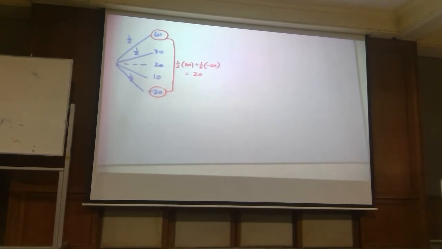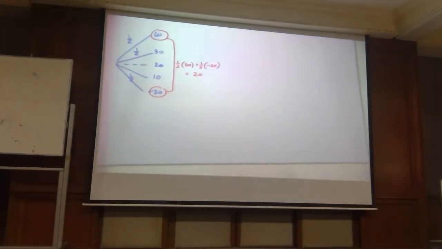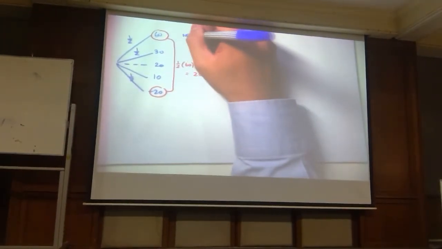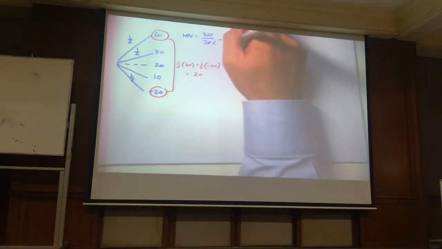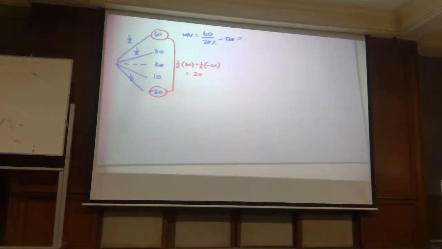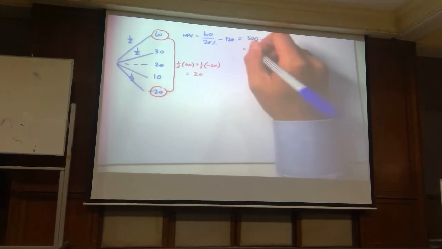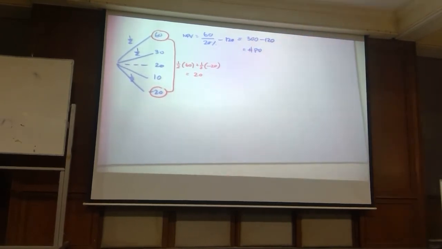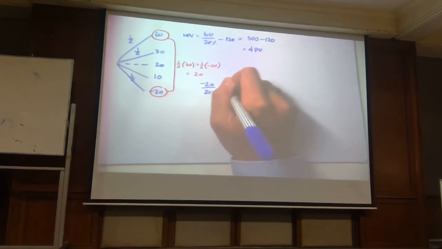So let's calculate the NPV of both options. First option, NPV equals 60 divided by 20% minus 120. So that's 300 minus 120 equals 180. The other one is minus 20 divided by 20% minus 120.